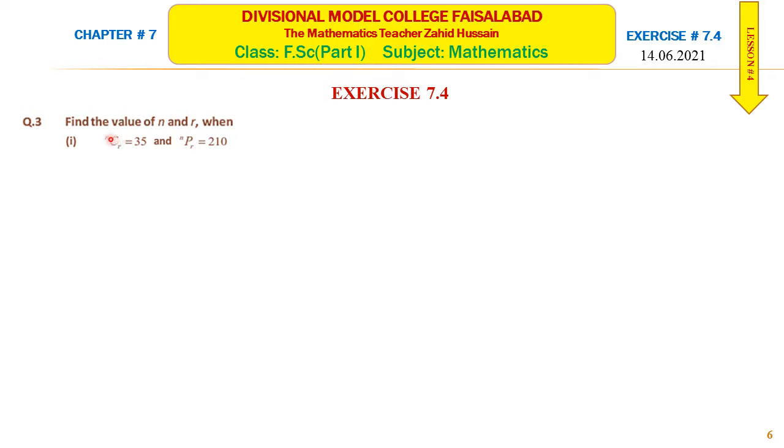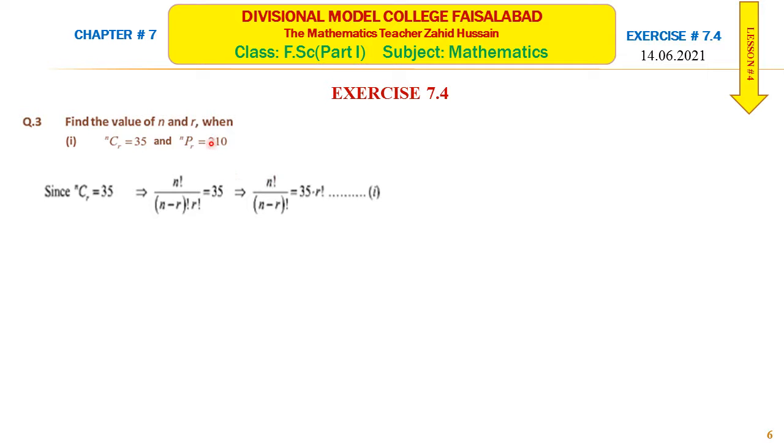Using the equation nCr is equal to 35, we get n factorial over (n minus r) factorial into r factorial is equal to 35. We can write this as n factorial over (n minus r) factorial is equal to 35 multiplied by r factorial. This r factorial is multiplied with 35, and we call this equation number 1.